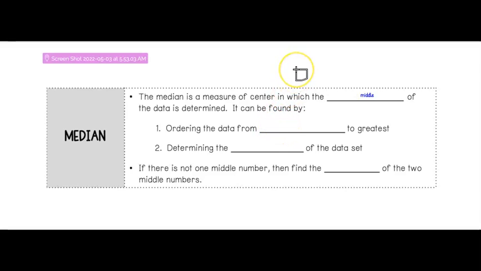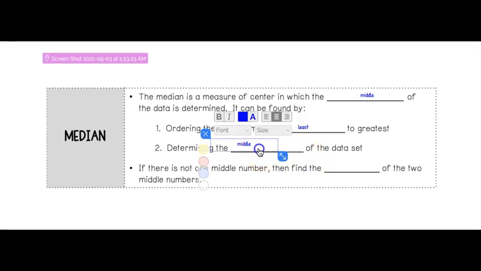So you're ordering the data from blank to greatest, and we're going to determine the blank of the data set. So this would be least. So least to greatest, and then determining the middle. And I'll go over this when I'm done here.